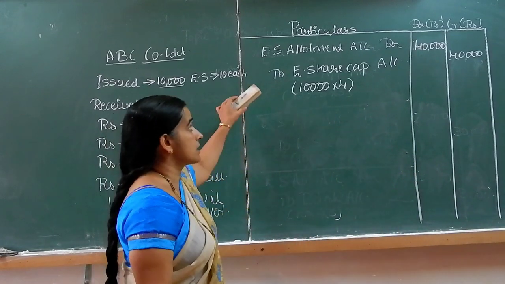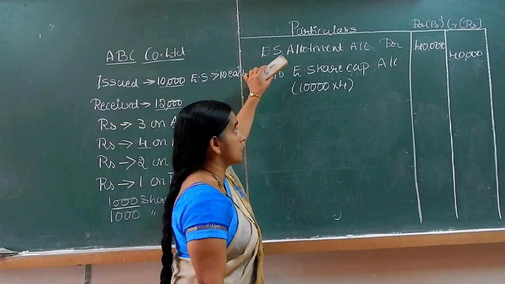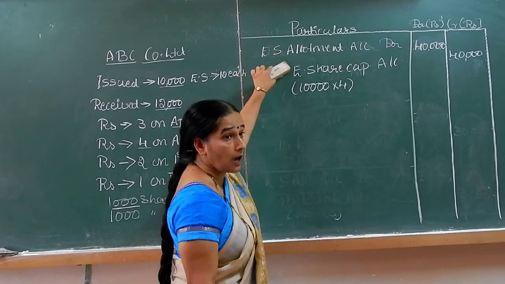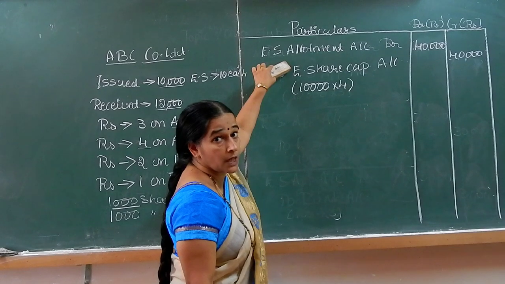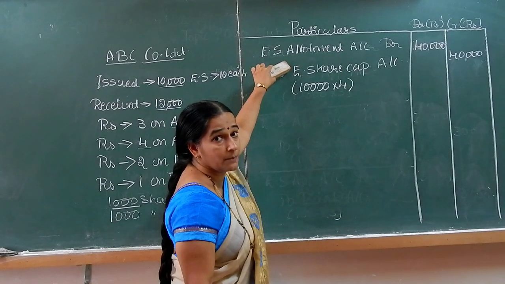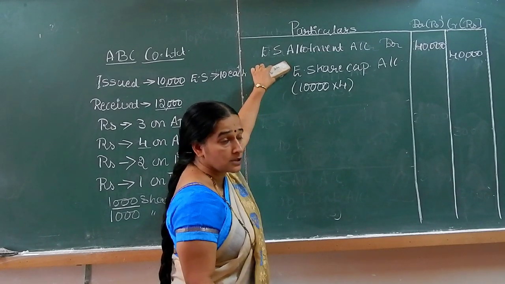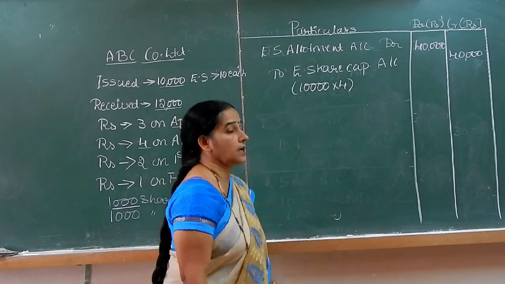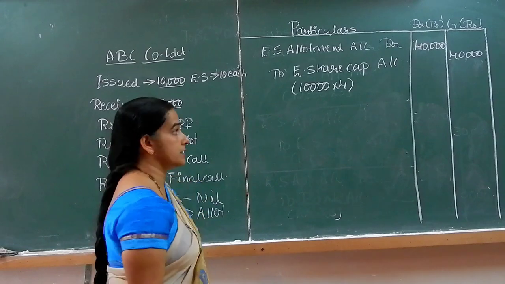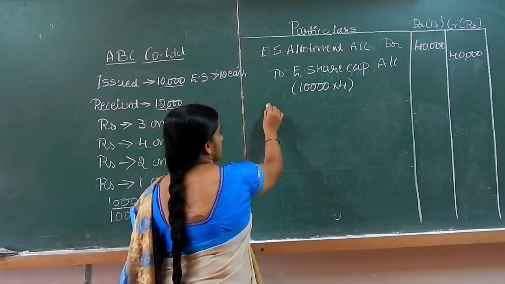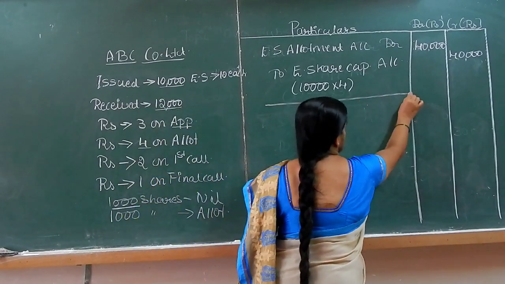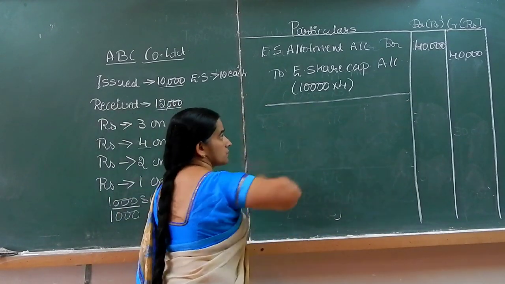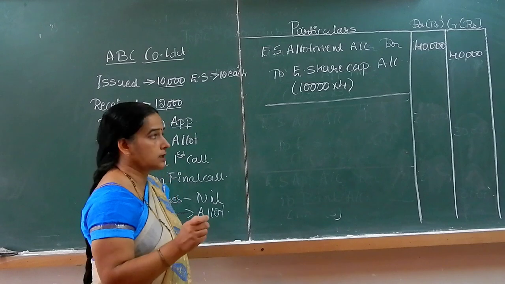Now equity share allotment account is debited because the shareholders, they have to pay the money to the business. So they will be treated as debtors of the business, and share capital is the liability. So it has been credited. So how much amount to be received on allotment? That is 40,000. That is 10,000 into 4, that is 40,000.